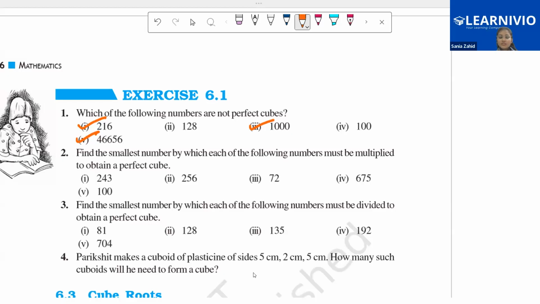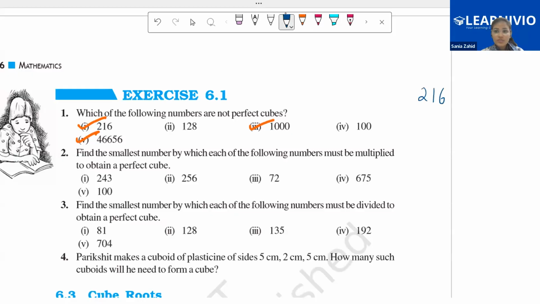Yeah, children, shall we discuss? No, ma'am. Please tell me, shall we discuss? I'm doing the fifth one. Okay, and done. So what happens over here is that first is 216.